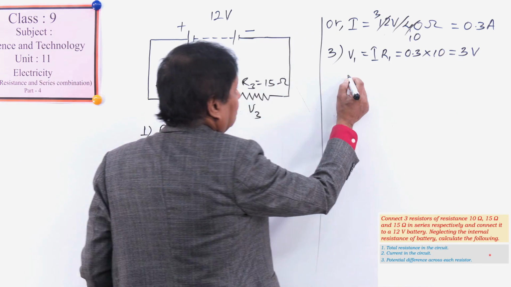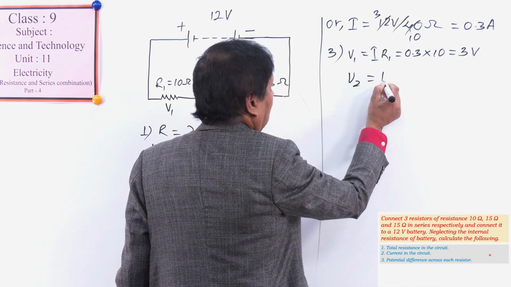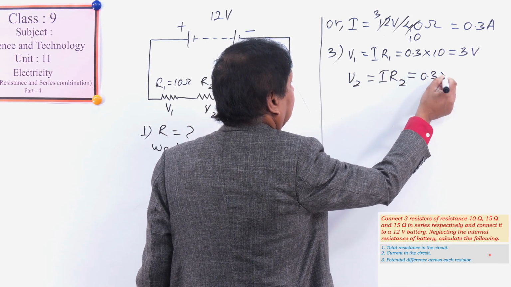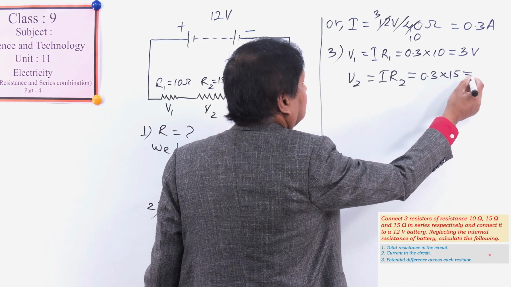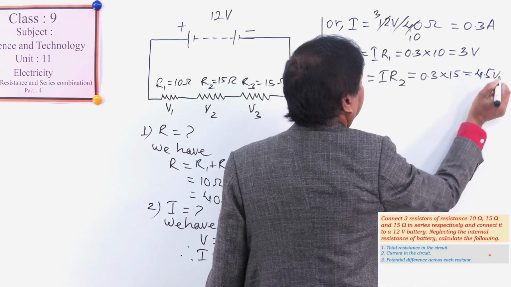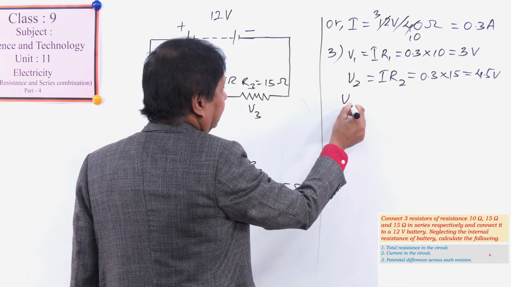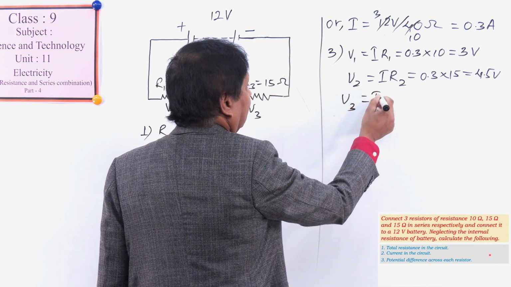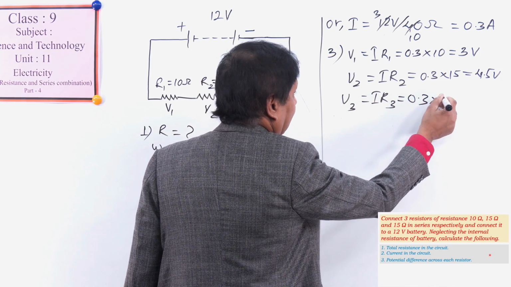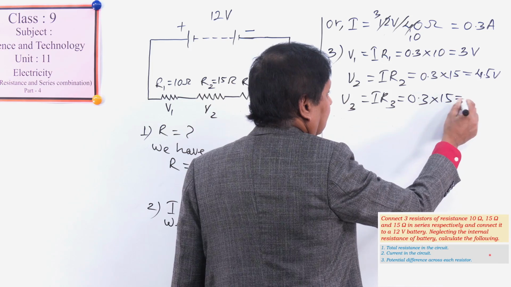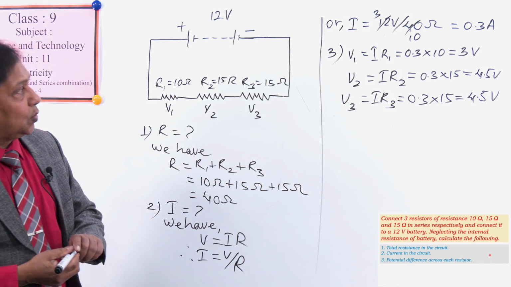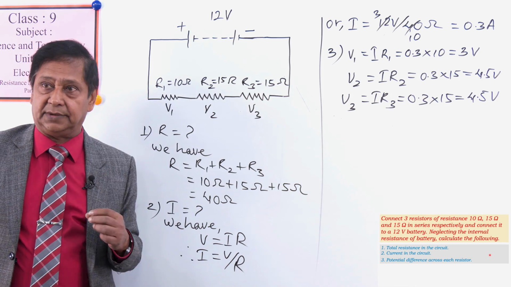Now what is V2? V2 is equal to IR2, this is equal to 0.3 times 15, 3 fives are 15, 4.5 volt. Now V3, what is V3? IR3, and this is equal to 0.3 into again the same 15 ohm, this is equal to 4.5 volt. Okay, this way we can calculate V1, V2, V3.